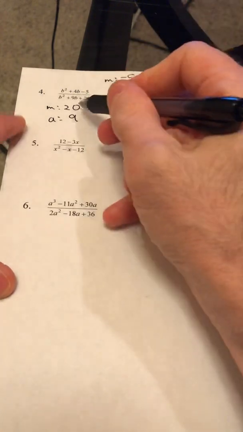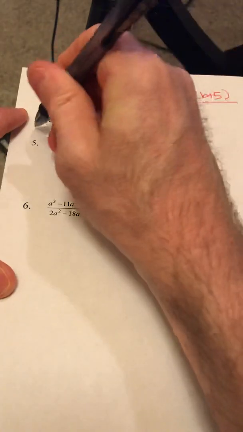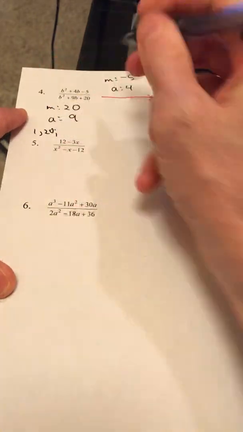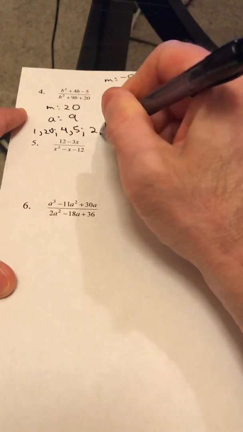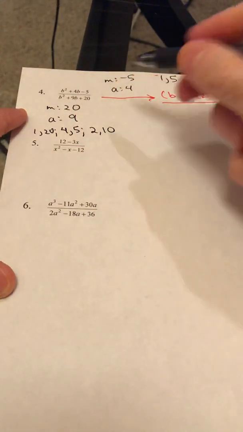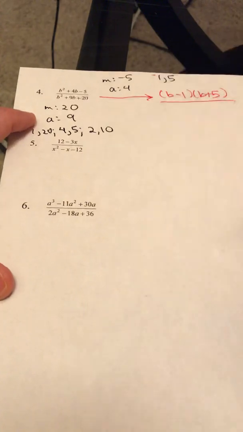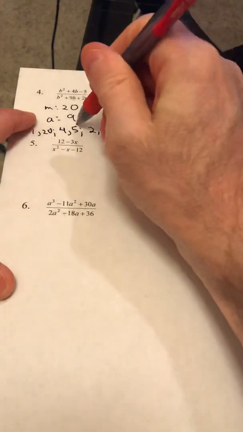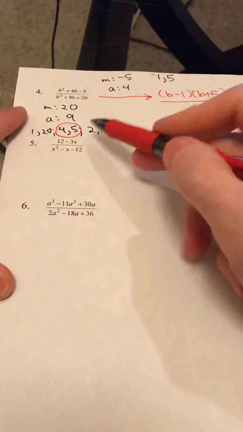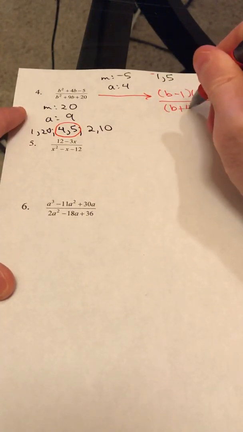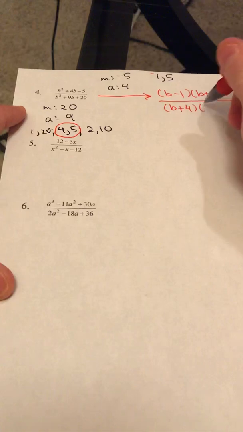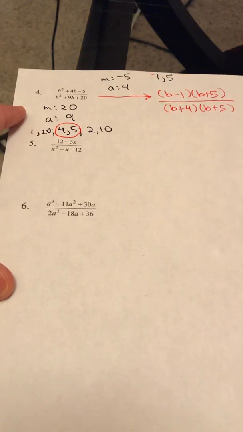For our denominator, what multiplies to 20? Well, 1 and 20, 4 and 5, and 2 and 10. Well, of those, what multiplies to 20 and adds to 9? 4 and 5 is our option there. And so for this, b plus 4, b plus 5.